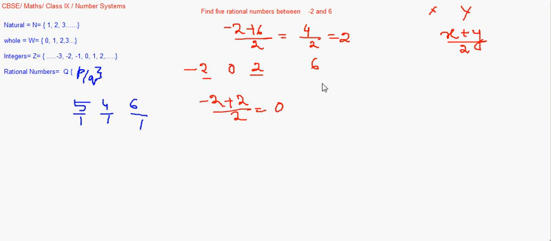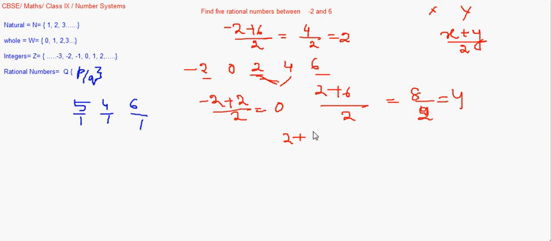Then I can take 2 plus 6 by 2, so it is 8 by 2, giving me 4. I've already got 3 of them. Now I can take 2 and 4, and I keep on doing that to get as many rational numbers as I wish between any two given numbers.